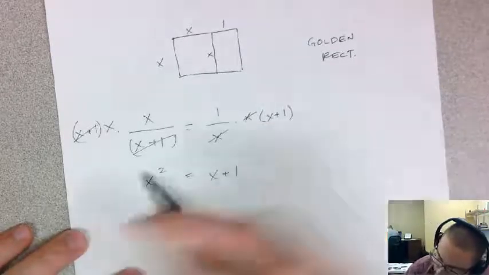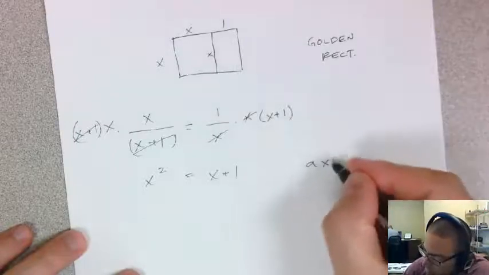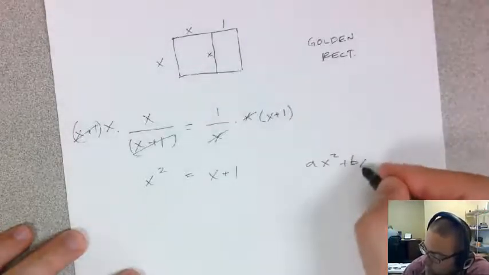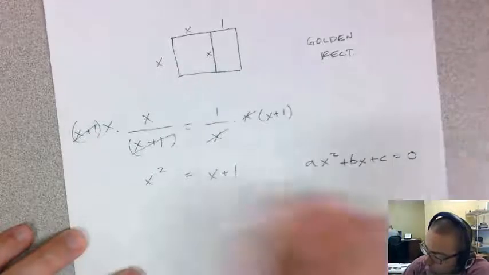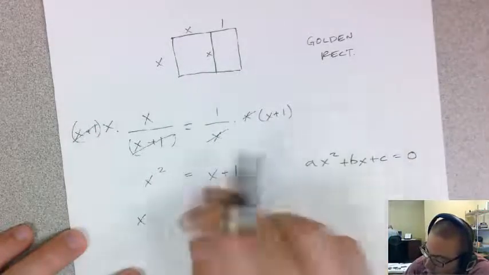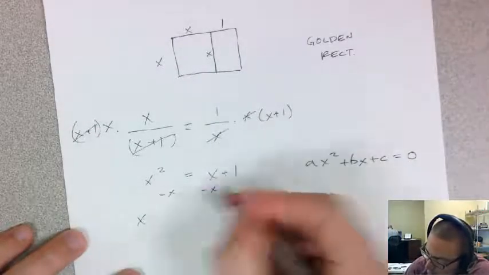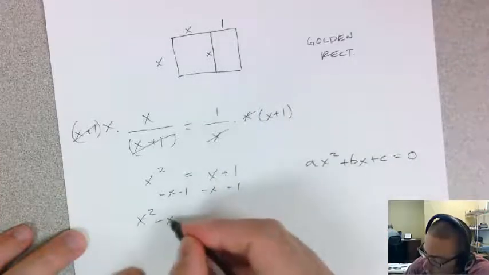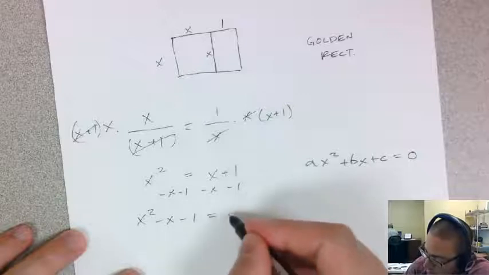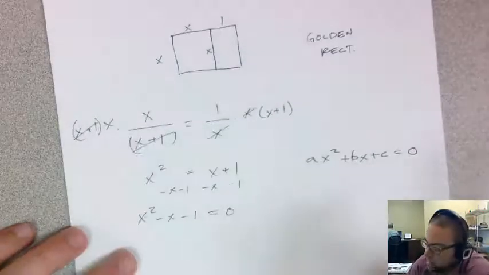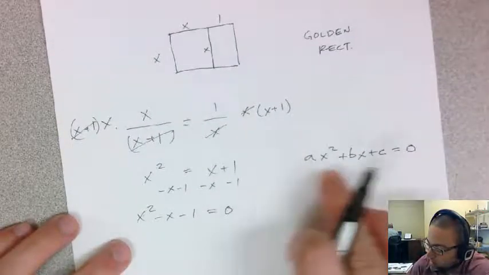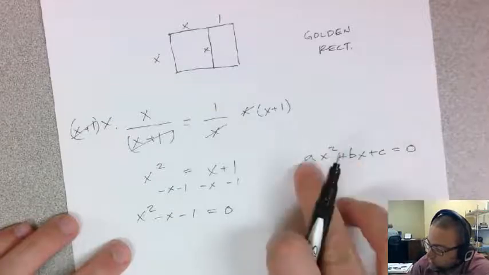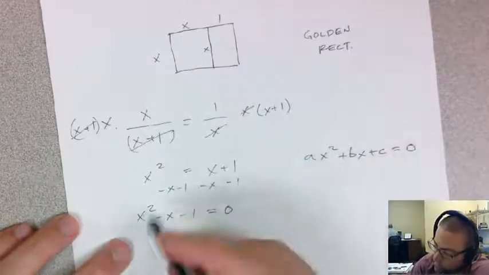So I'm going to put everything on one side so I get the standard form, ax squared plus bx plus c equals 0. So I'm going to subtract x from both sides and subtract 1 from both sides. So I get x squared minus x minus 1 equals 0. Now what I want to do is list my coefficients, a, b, and c.